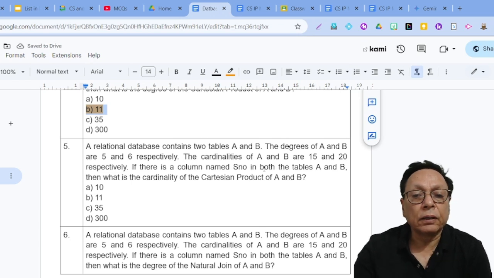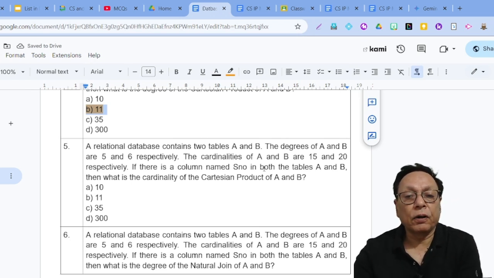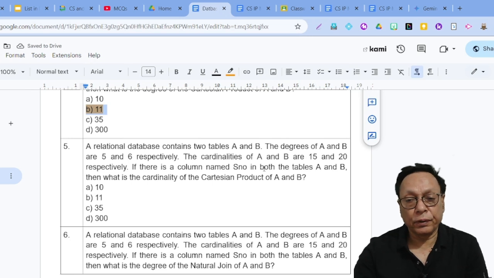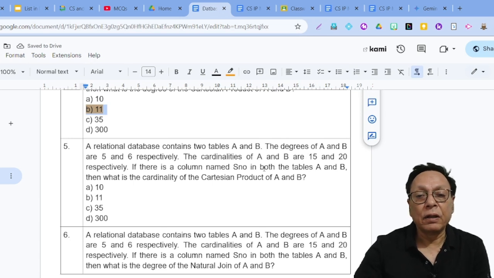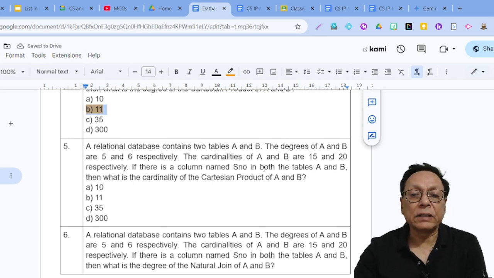So when Cartesian product is involved of two tables A and B, then the cardinality should be total number of records or cardinalities of both the tables multiplied. So one table is having 15 records and another table is having 20 records, and that is why the cardinality of this Cartesian product A and B is 15 into 20, which is 300.